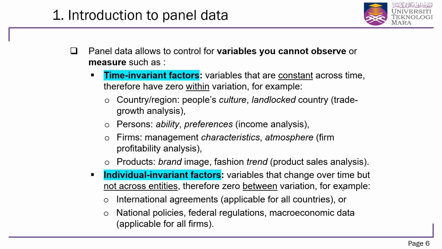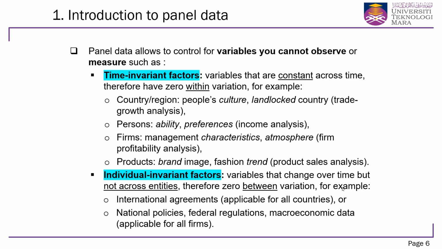These are variables that you cannot observe or measure, but they represent a unique characteristic. This unique characteristic must be captured before we can estimate the relationship in panel data. It is often called time-invariant factors, variables that are constant across time, so they don't have variation, and we don't observe them.